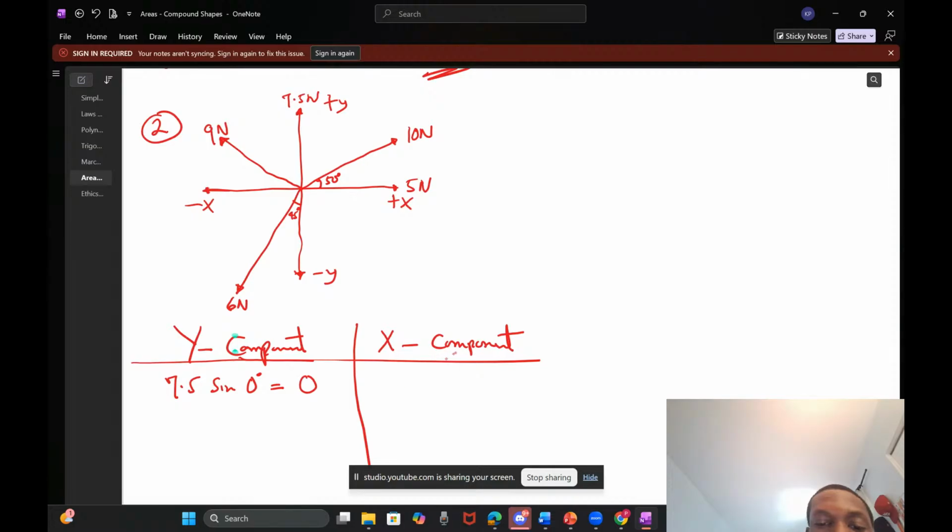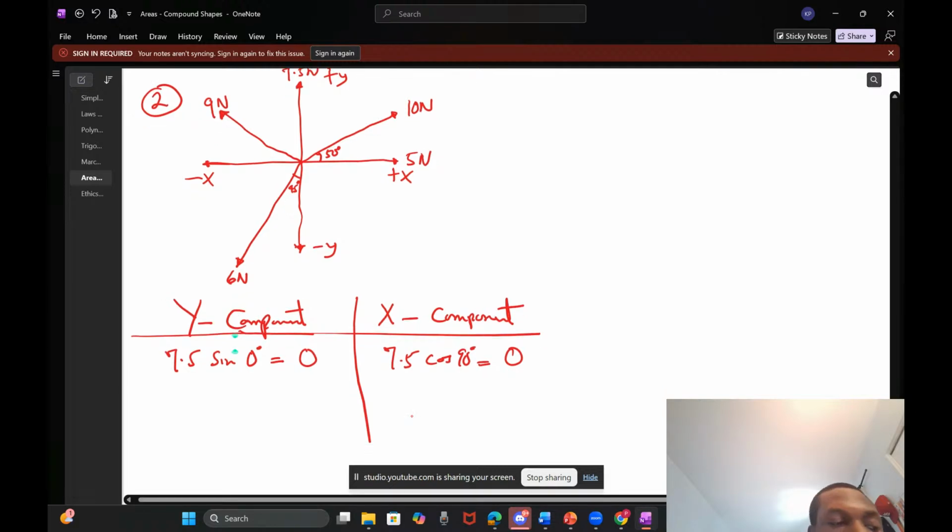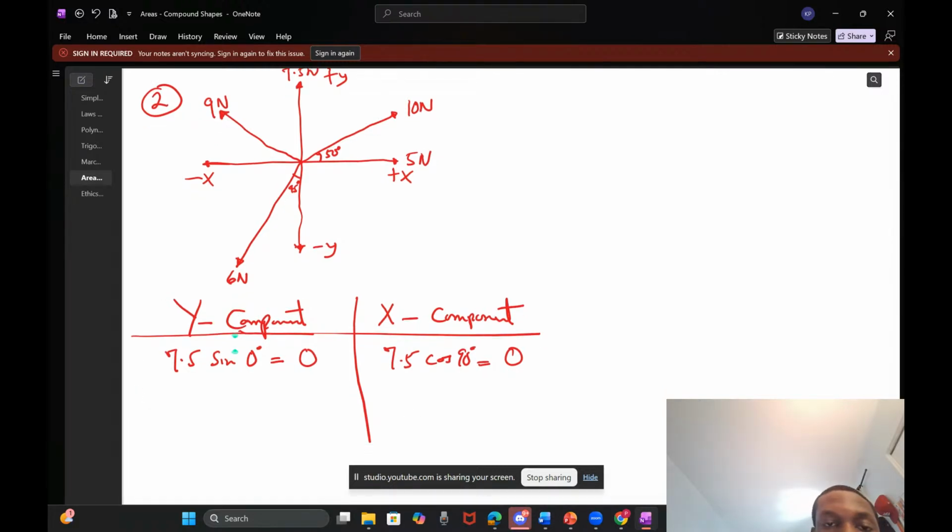Now we do 7.5 cos 90 degrees. That will still give us 0. So now 10 newtons. Let's go with 10 newtons. The angle that is facing the x-axis from this line is 50 degrees. So this is the angle we are going to use.